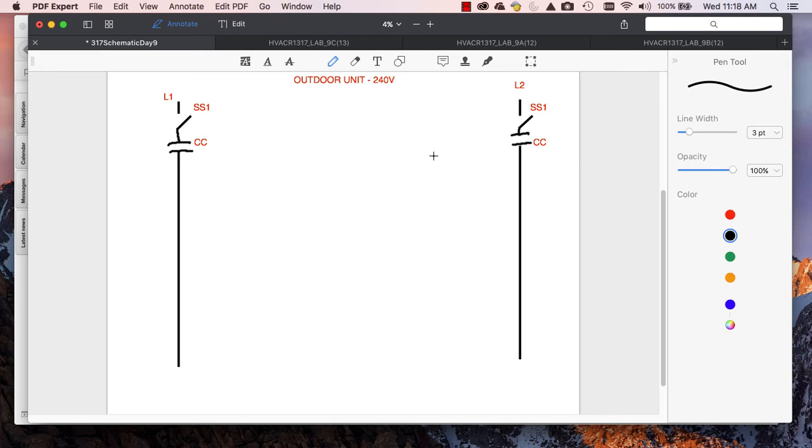I'm going to draw it pretty far over here because I want to give myself lots of room. I'm also going to do both CSIRs at the same time.